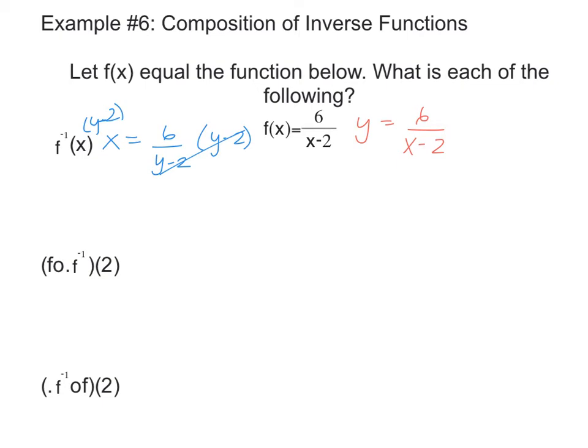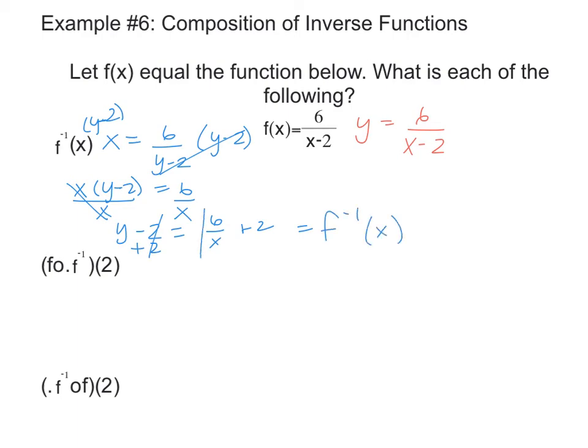So this is x times y minus 2 equal to 6. Now we want to get y by itself, so I need to move the x first. I'm going to divide by x. So I'm left with y minus 2 equal to 6 over x, and then I'm going to add 2. So the inverse of f equals 6 over x plus 2.